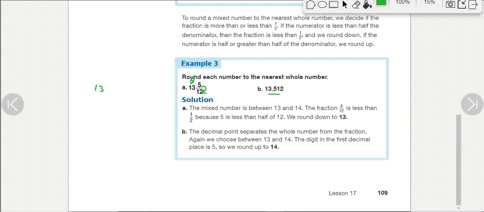Round to the nearest whole number. 0.512 is greater than 0.5, which is half, same thing, which means we're going to round up and make 13 into 14.000. Okay? All right.